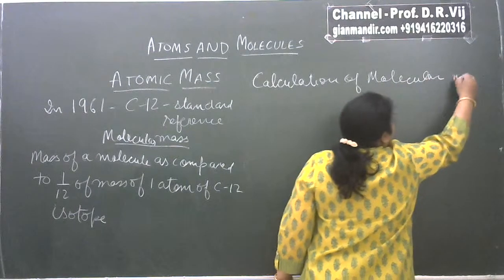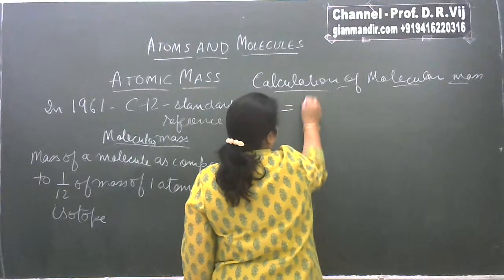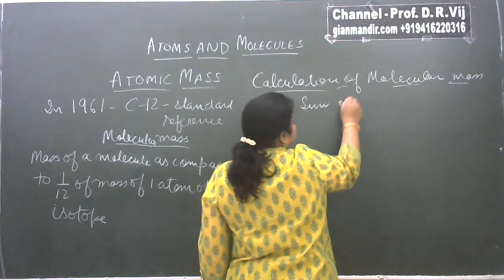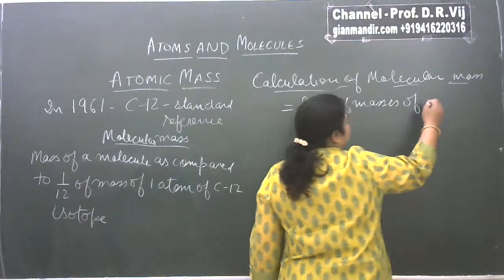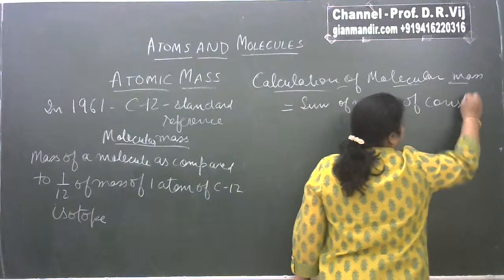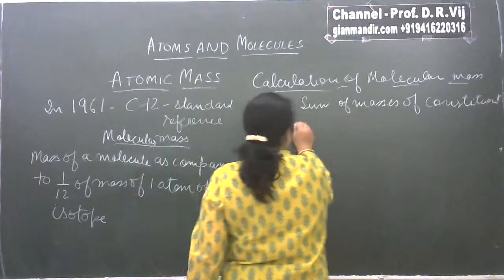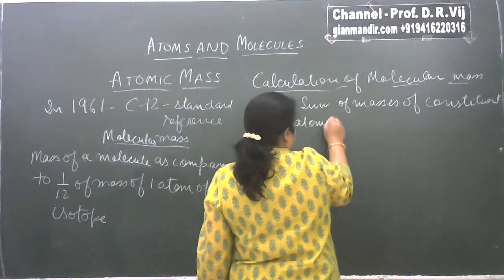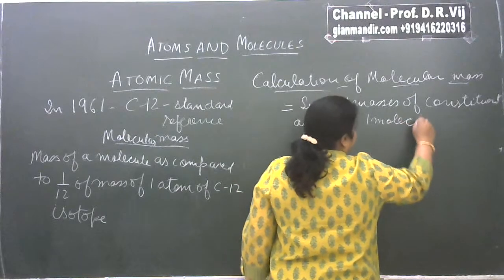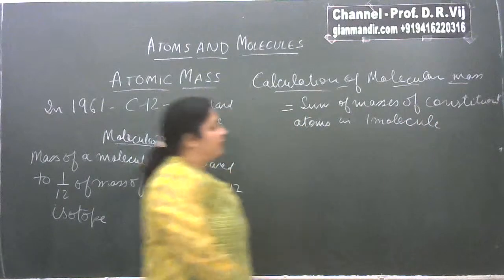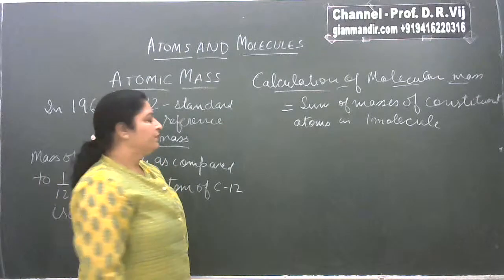Numerically, the molecular mass is equal to the sum of masses of constituent atoms in one molecule, right? In this way we can calculate the molecular mass of a molecule.